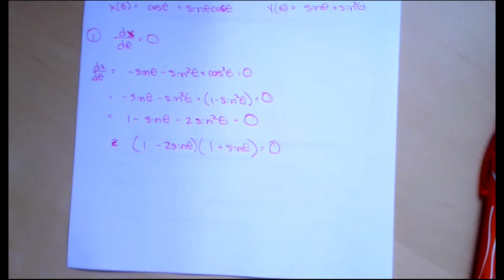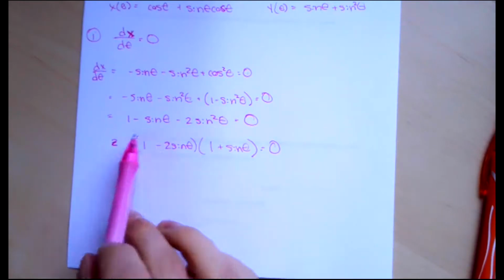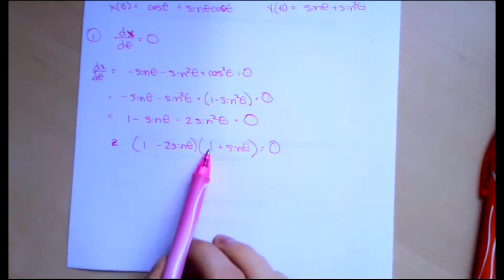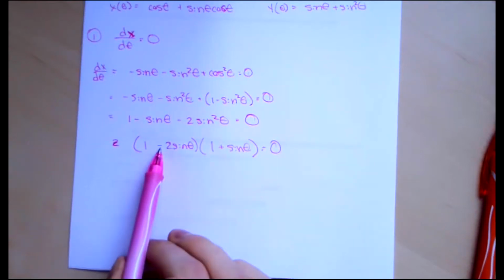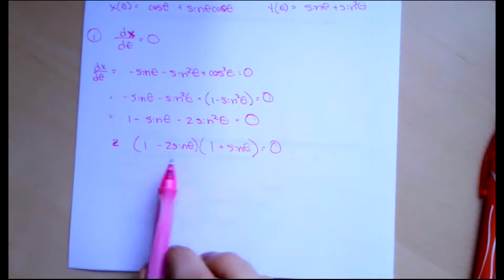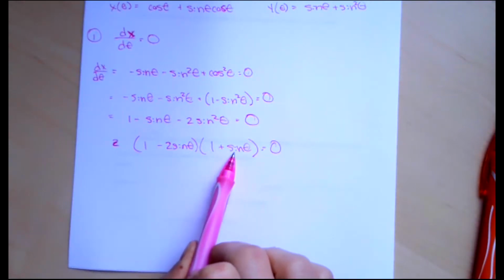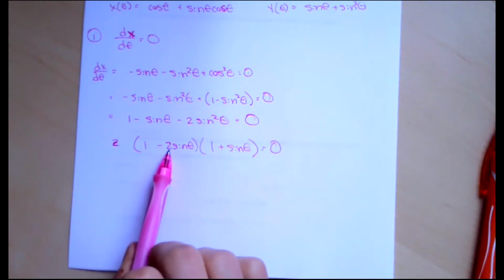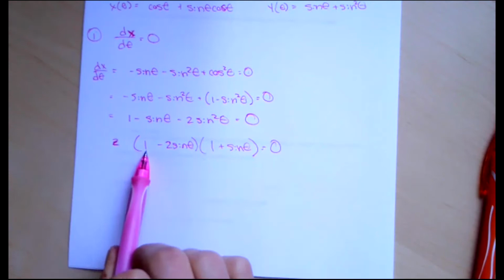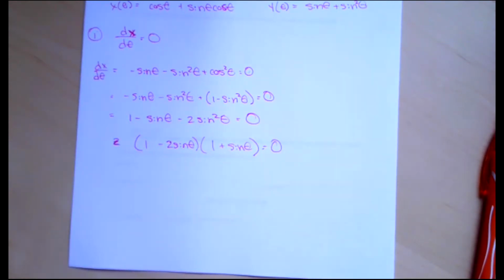Foiling, for some of these, you just get in the habit of guessing and checking, right? Of course, the factors of 1 are 1 and 1. The factors of 2 are 2 and 1. And since it's a negative, it's essentially the only thing it can be. Let's double check to make sure it works out. Minus 2 sine times sine gives me that minus 2 sine squared. A minus 2 sine plus a sine gives me that minus sine. And 1 times 1 gives me 1.